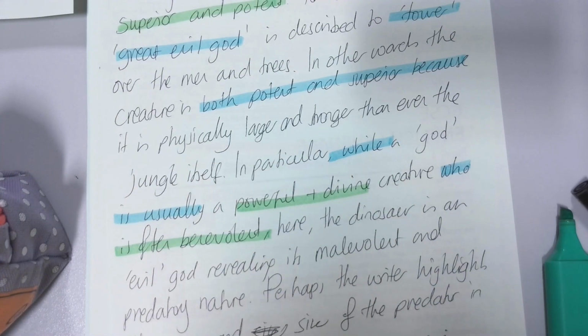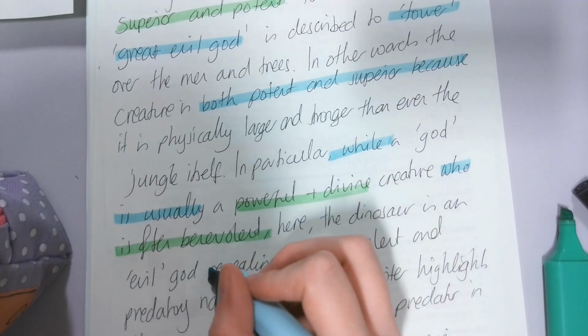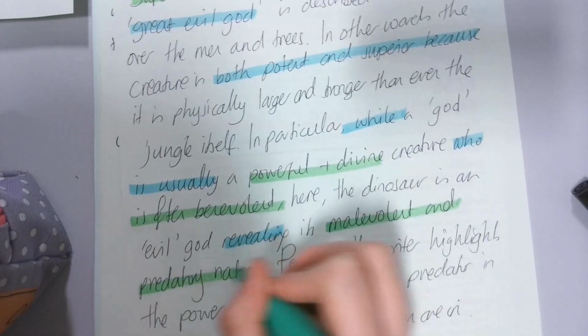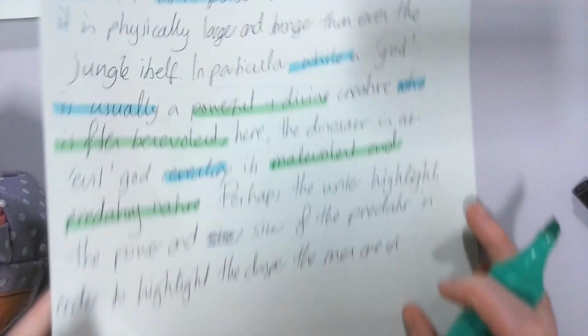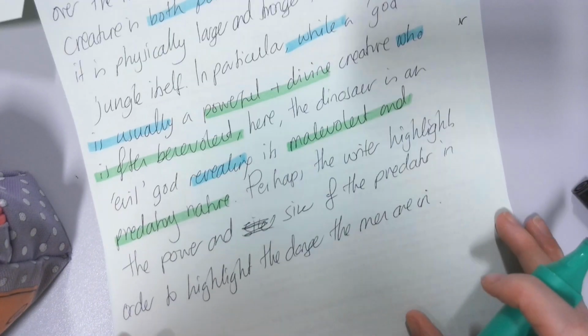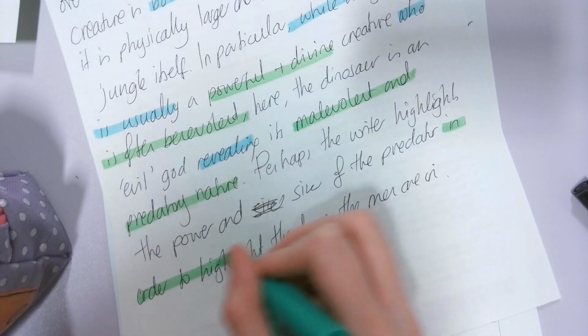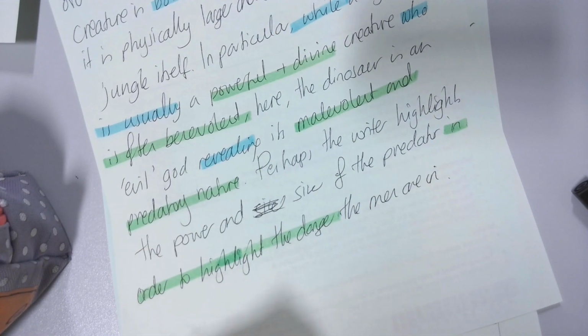Here the dinosaur is an evil god, revealing its malevolent and predatory nature. Perhaps the writer highlights the power and size of the predator in order to highlight the danger the men are in. Okay, this answer is good.